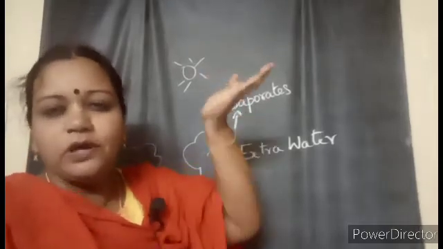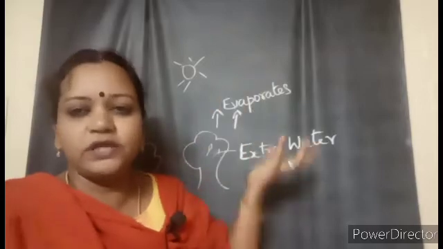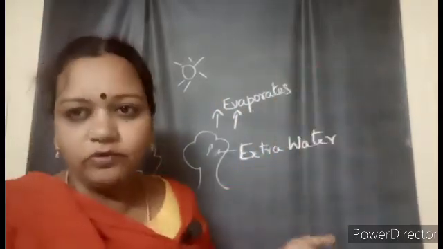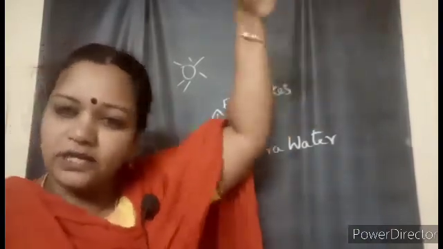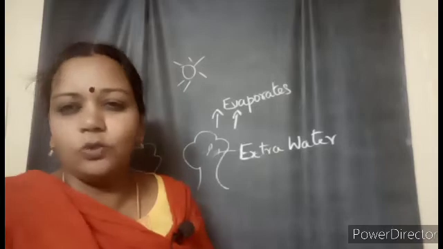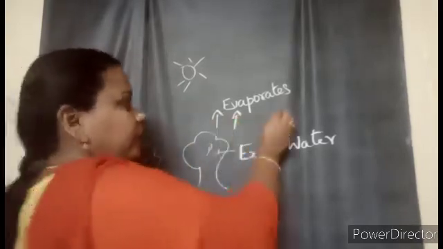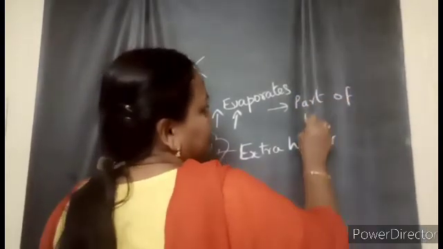And you know that when they become water vapor and move up, they may change into clouds and fall as rainfall. And you all know the water cycle, no? From the water bodies, water goes up the same way, forms clouds, falls and reaches the water bodies. That is a cyclic movement. So this water which is evaporating from leaves also becomes a part of the water cycle.